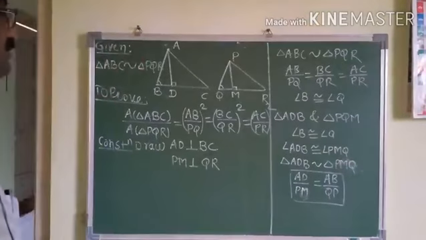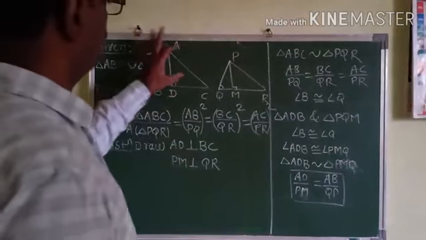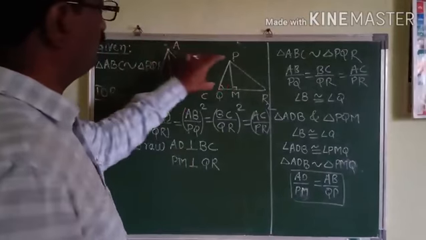So AD upon PM is equal to AB upon PQ. This is the important thing in this theorem. AD upon PM is equal to AB upon PQ.